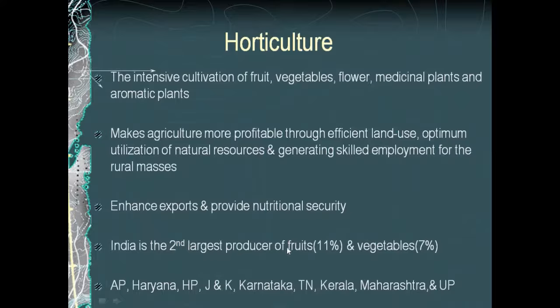India is the second largest producer of fruits and vegetables in the world; we grow 11% of fruits and 7% of vegetables. Andhra Pradesh, Haryana, Himachal Pradesh, Jammu and Kashmir, Karnataka, Tamil Nadu, Kerala, Maharashtra and Uttar Pradesh are the main states famous for horticulture.